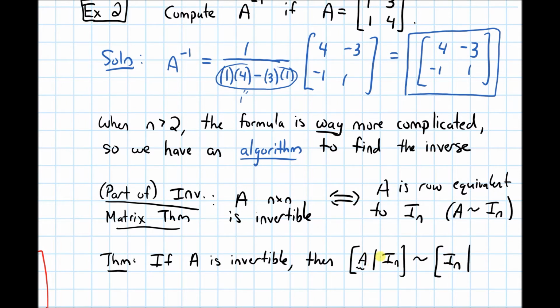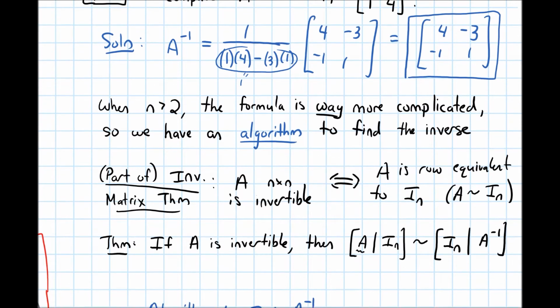And when I do those steps, the thing that I have on the right-hand side of the augmented bar becomes A inverse after I do my row reduction. Okay, so this whole thing is my reduced echelon form.